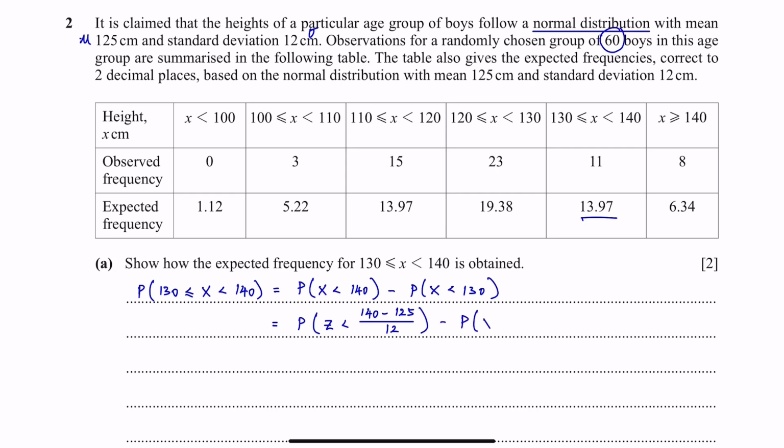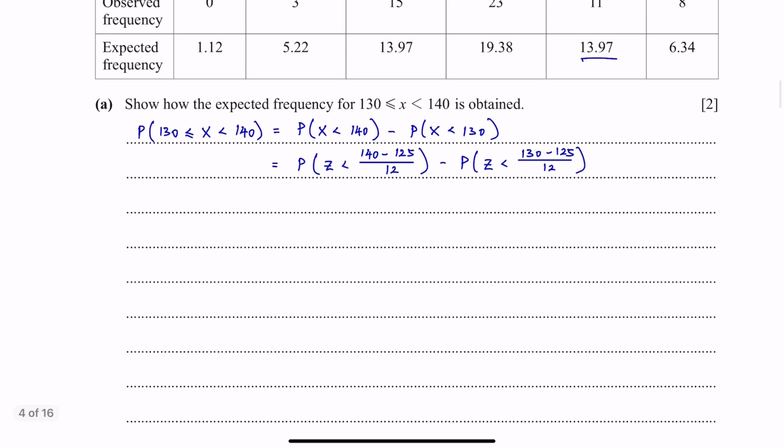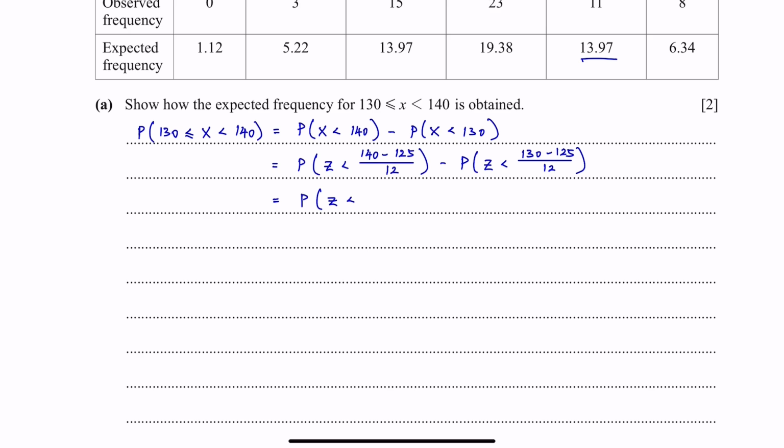And same goes for 130. So we plug this into the calculator and we would get Z is less than 1.25, and this would be Z is less than 0.417, corrected to 3 decimal places.